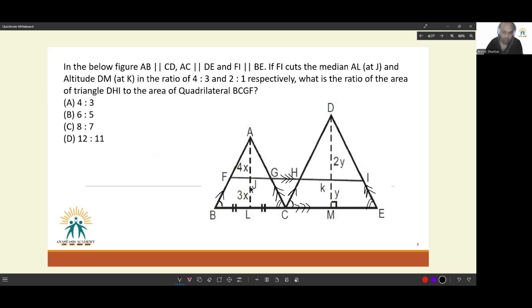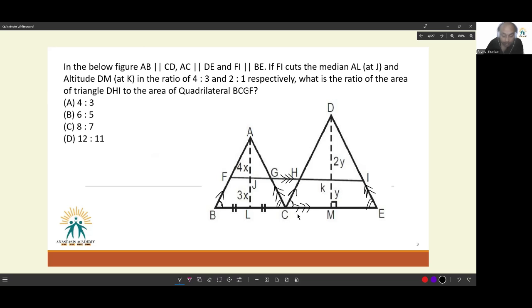So now, AL is the median and DM is the altitude. AL is also the altitude and DM is also the median.